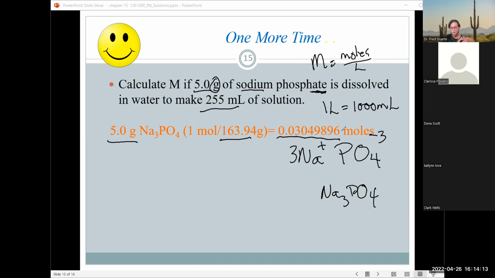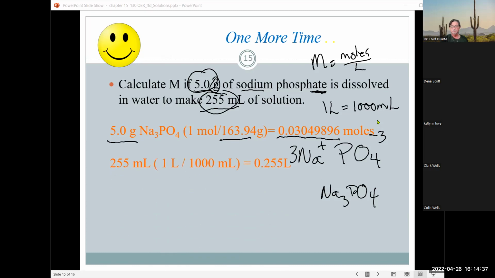Wait till you're done with all the math and then truncate at the proper sig figs. Keep track of your sig figs. Notice something. The 255 has 3 sig figs and the 5.0 has 2 sig figs. So your answer should only have 2 sig figs at the end, okay?